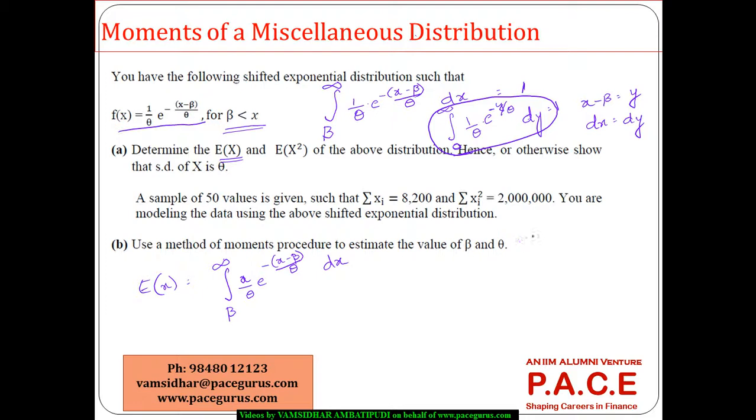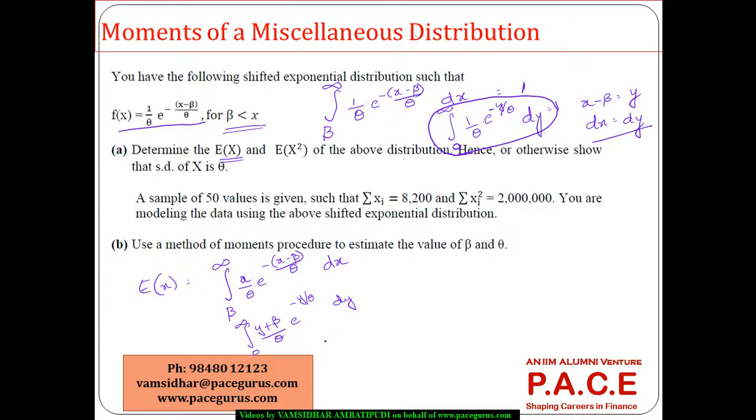Now I will do the same transformation, x minus beta equal to y, which means the limits are from 0 to infinity, and x will be y plus beta. So (y plus beta) by theta e to the power of minus y by theta dy.